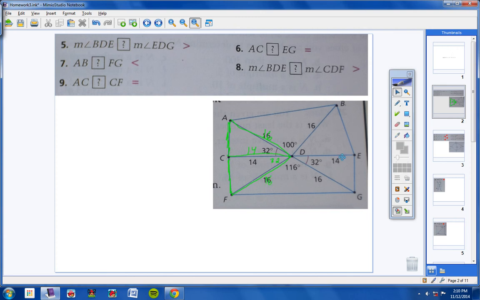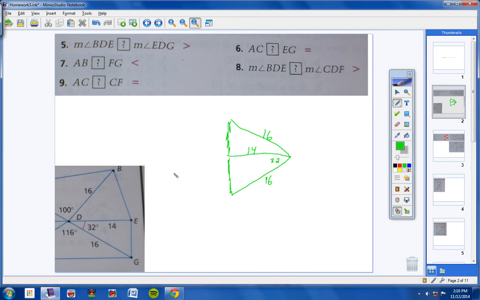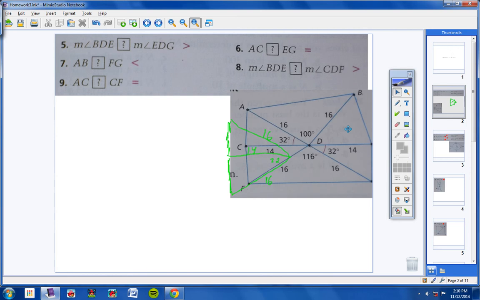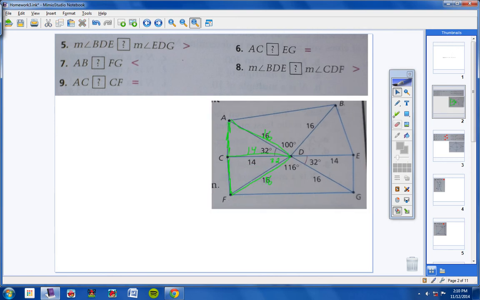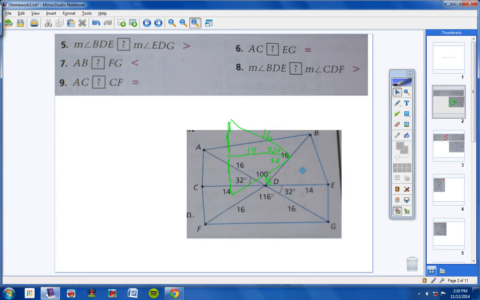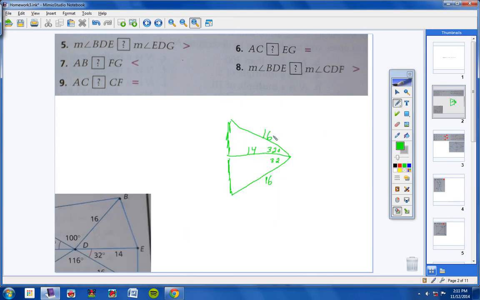There we go. So, I forgot to put this in. If you'll look back at the figure here, this angle here is also 32 degrees. See the 32 right there? So 32 degrees right here. So do you not see what I have? I have side, angle, side congruent to side, angle, side.